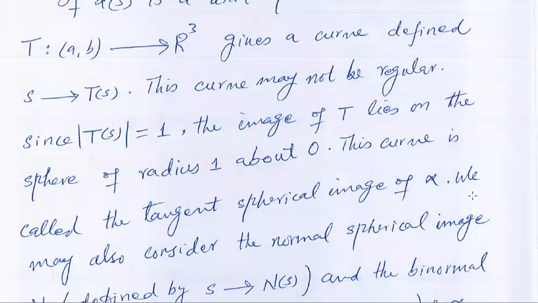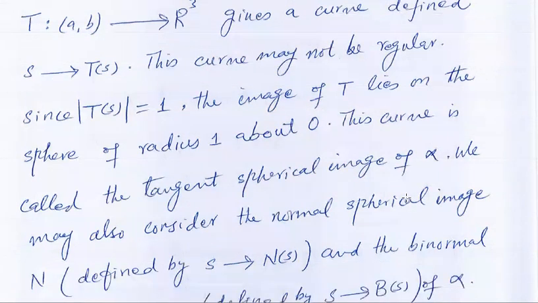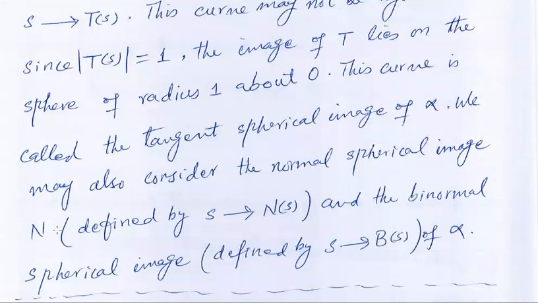Therefore, the images of N of s and B of s will lie on a sphere whose radius is 1 and center is the origin. So T is called the tangent spherical image of alpha, N is called the normal spherical image of alpha, and B is called the binormal spherical image of alpha.